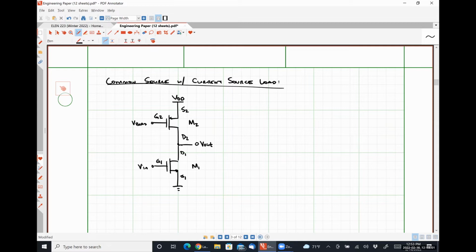All right, so let's look at our small signal model. I am going to put my gate here. So this is terminal G1. This is what I'm going to call VGS1.